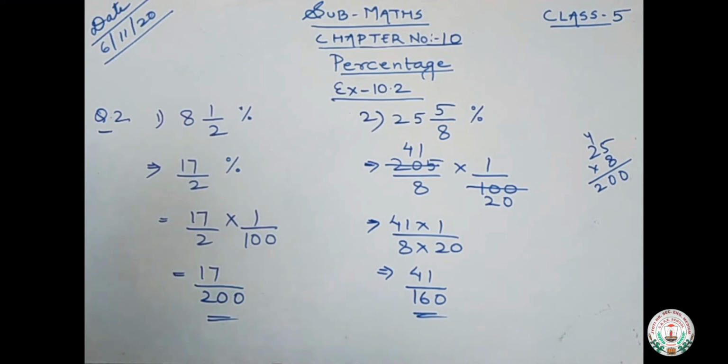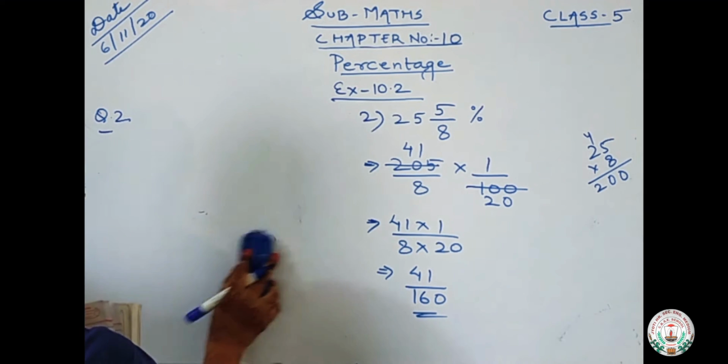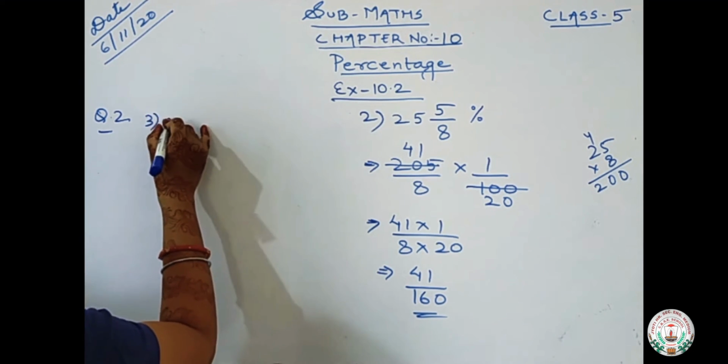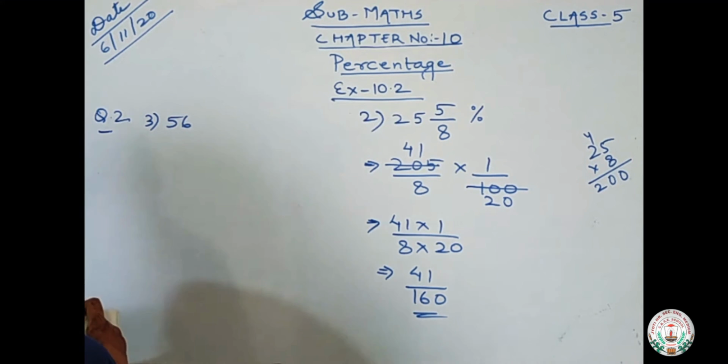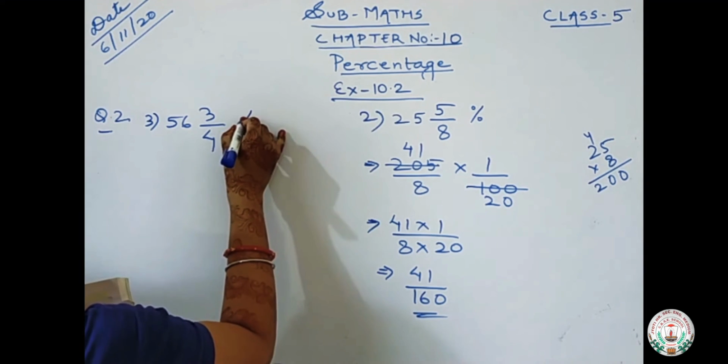Now number 3 is 56 3 by 4%. Same procedure.